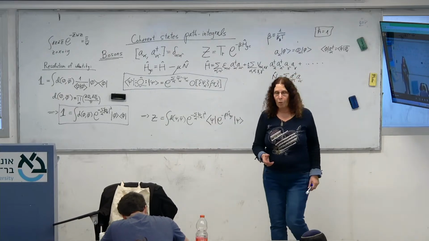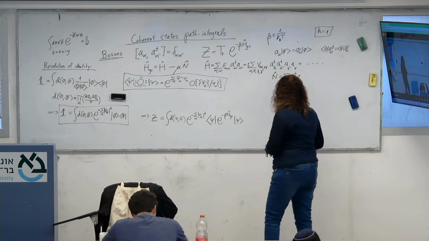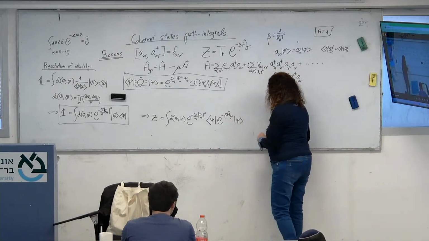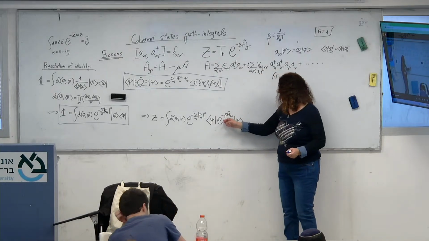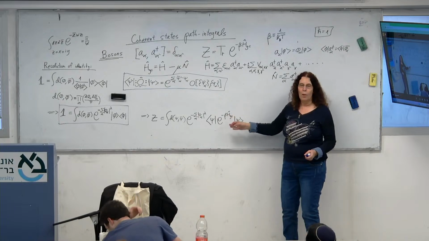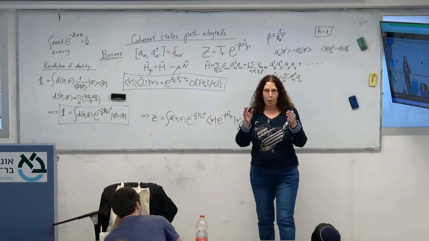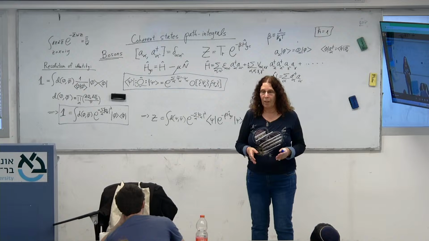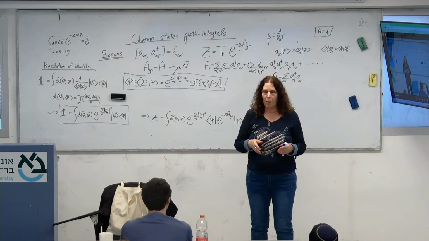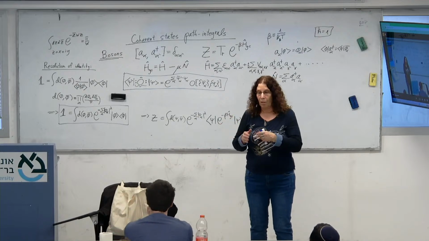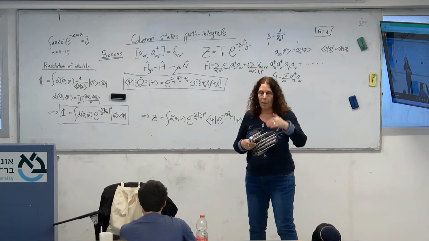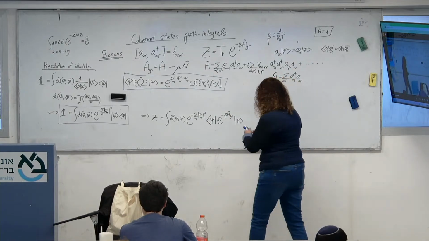What I can do now is repeat the trick, which is to replace e to the minus beta h by a product over capital N divisions of the time axis into small slices.